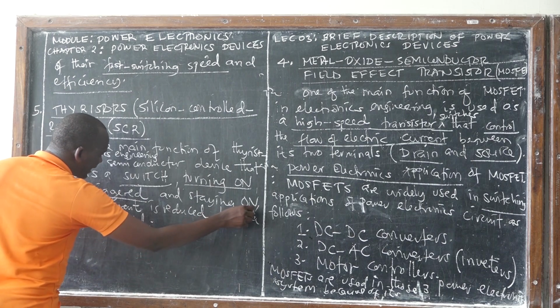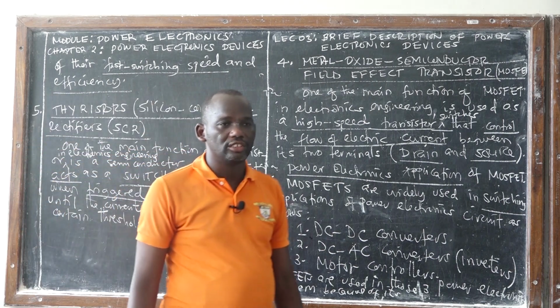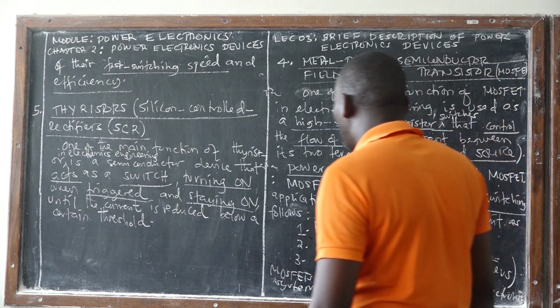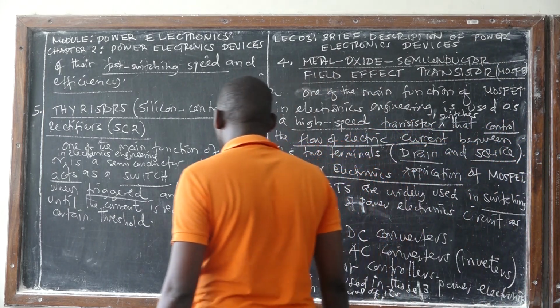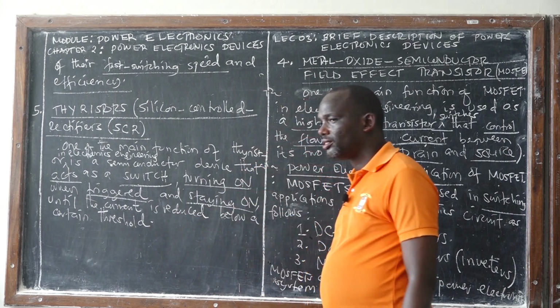And also its characteristic is that it can stay on, operating. Listen and look. One of the main functions of thyristors in electronics is that it can act as a switch.